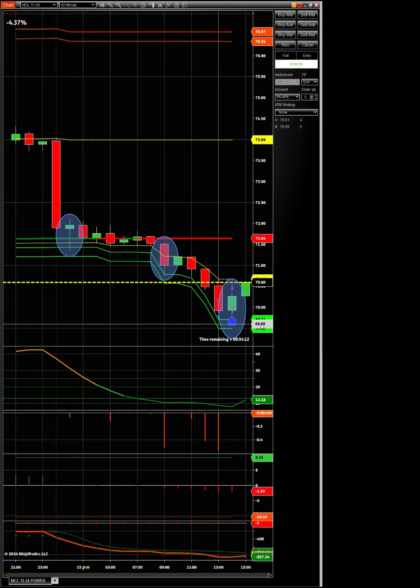My statistics are that if I lose on a trade based on this tool, the next time the chance that I will lose again is very, very low. So I can take a double amount of contracts, recover my loss from the first one, and then go into profit. So that's what I did here.